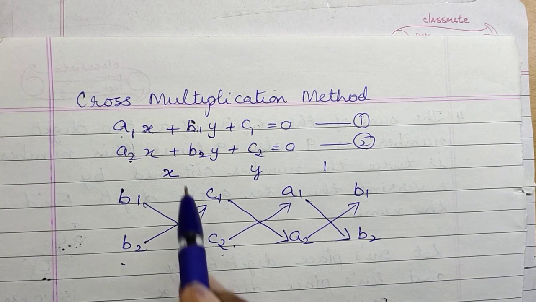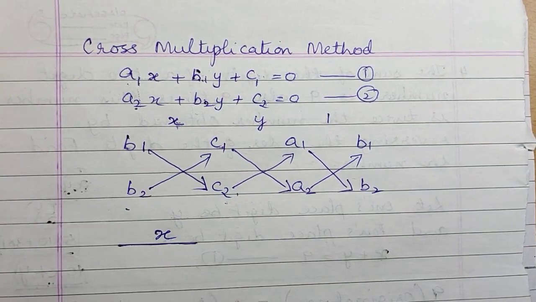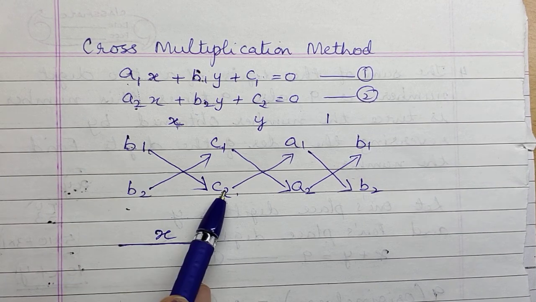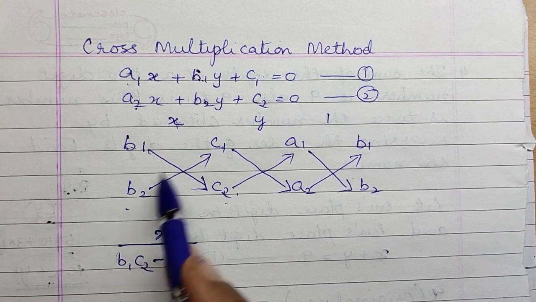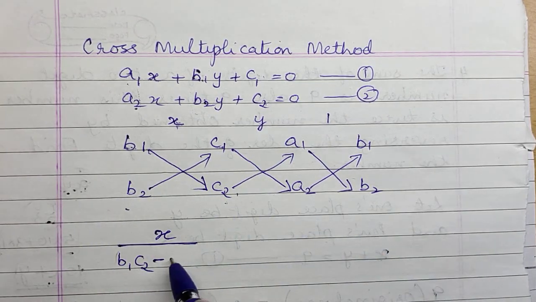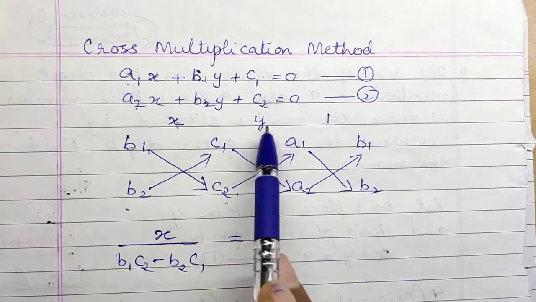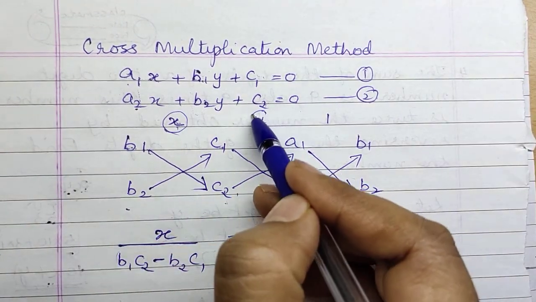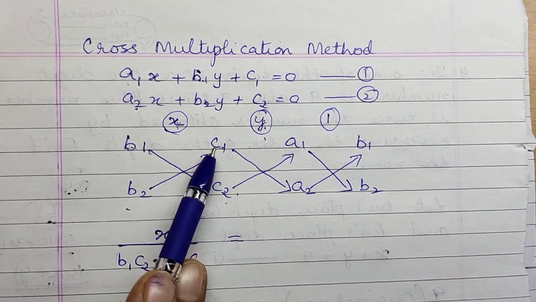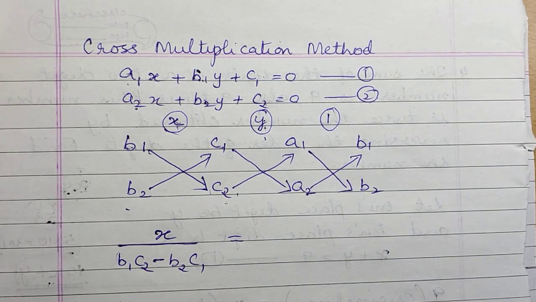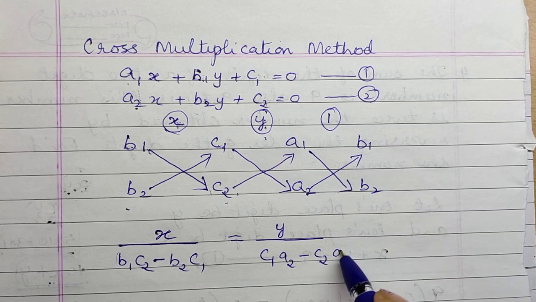The formula is, first you have to write x divided by, from here you start, b1 c2 minus, next this arrow mark, b2 c1, equals y divided by c1a2 minus c2a1.